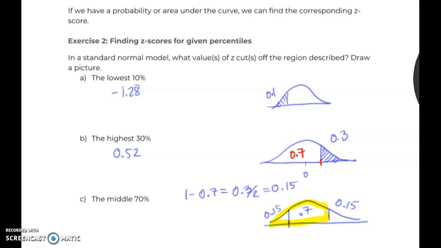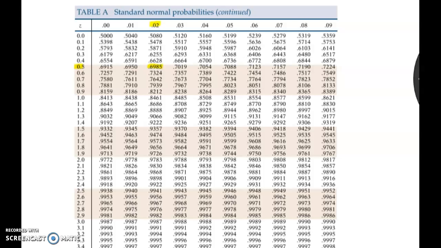Also keep in mind that these two values are going to be the same but with opposite signs because of the symmetry of our distribution. So let's start looking at 0.15, which is on the negative side.